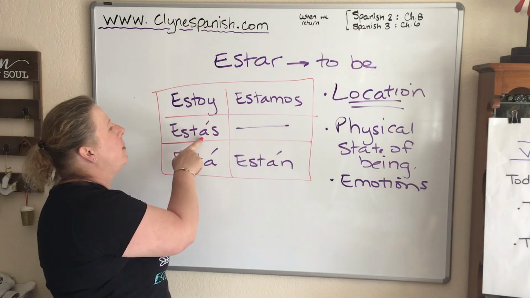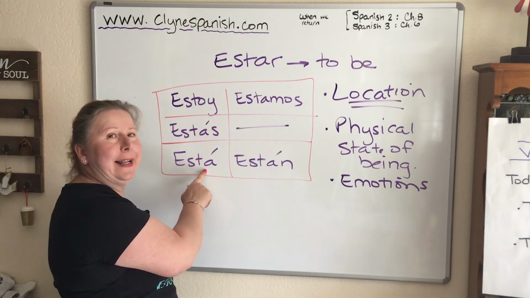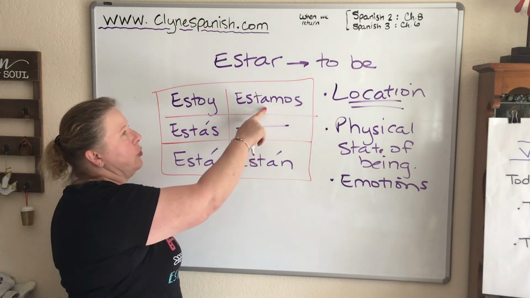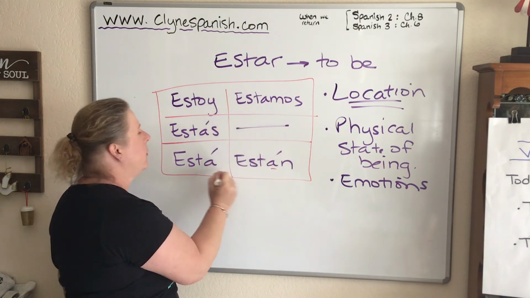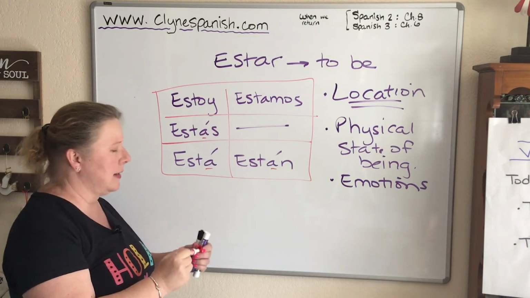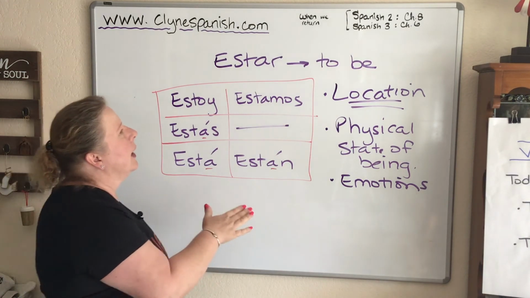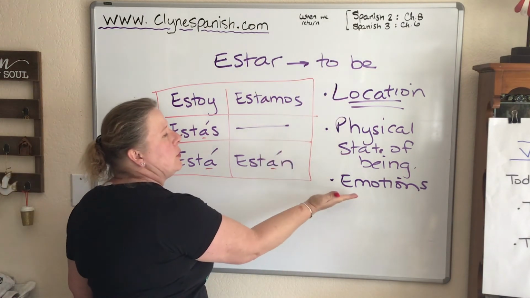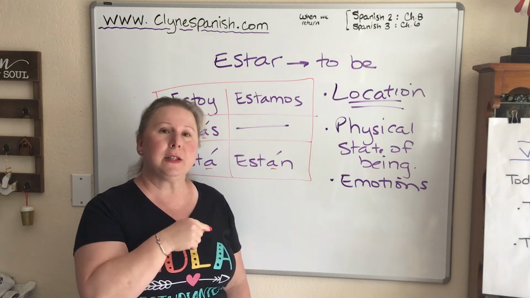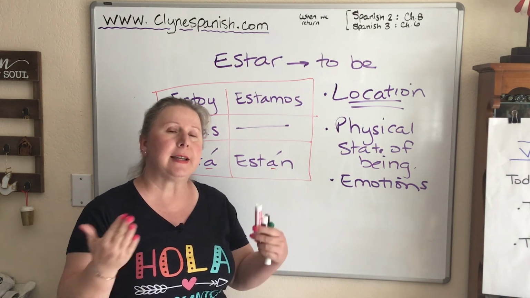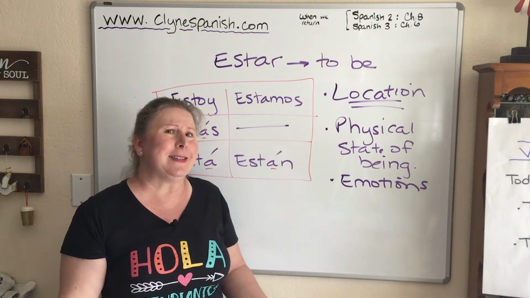So our yo form, our tú form, our ella, usted form, nosotros, nosotras, and ellos, ellas, ustedes. Notice you have accents all here. Again, location, physical state of being, and emotions is why you use this one, all right, versus ser. And it makes a difference.